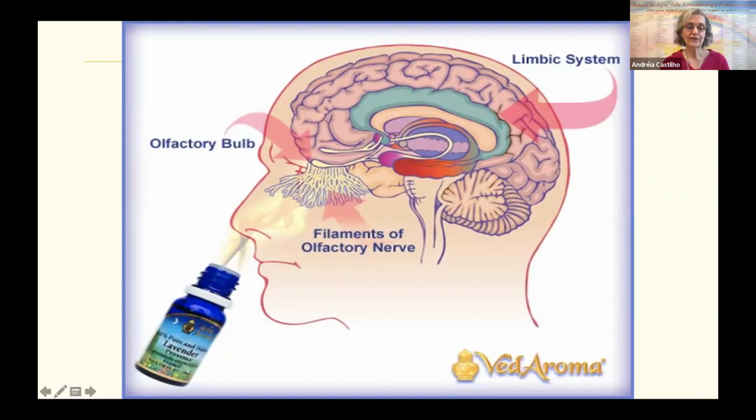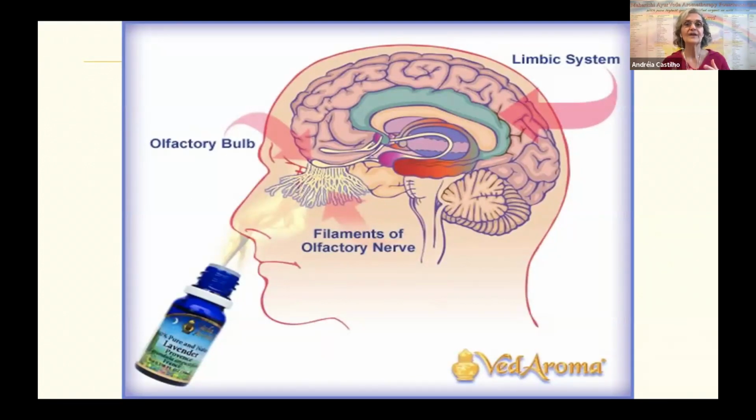It all starts, as you see on the bottom left side, with the bottle of essential oil giving off the aromatic molecules and spreading them into the air. Then they travel up the nasal cavity and are perceived. The chemical molecules that comprise the aroma are bound to special receptors in the filaments of the olfactory nerve.